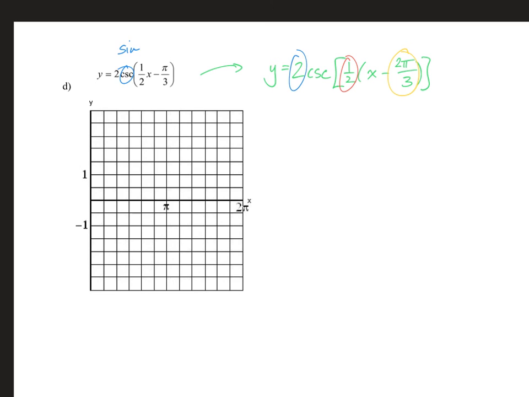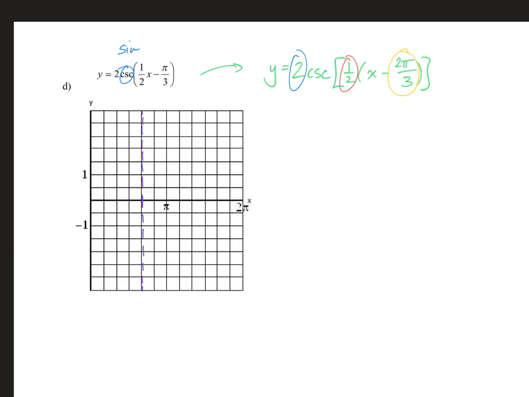So I'm going to take the asymptote that would exist at x equals 0, and I'm going to perform those transformations to it. My vertical stretch would do nothing. My horizontal stretch would do nothing. The only transformation that's going to affect that is going to be my horizontal shift, and so that asymptote is then going to get shifted over to pi by 3. That phase shift is to the right.